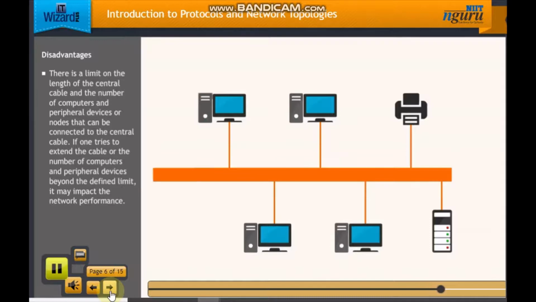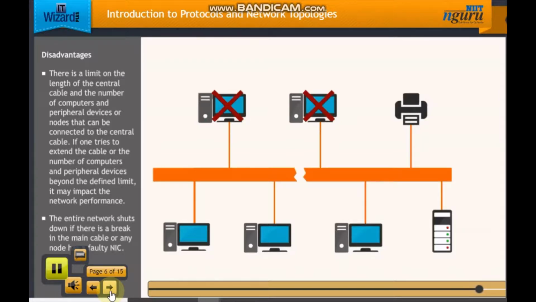If one tries to extend the cable or the number of computers and peripheral devices beyond the defined limit, it may impact the network performance. The entire network shuts down if there is a break in the main cable or any node has a faulty NIC.